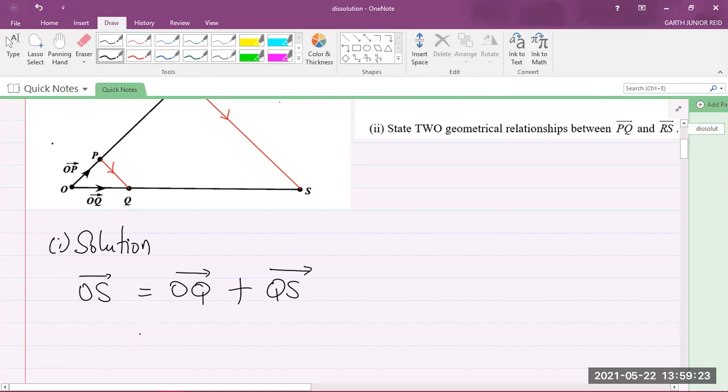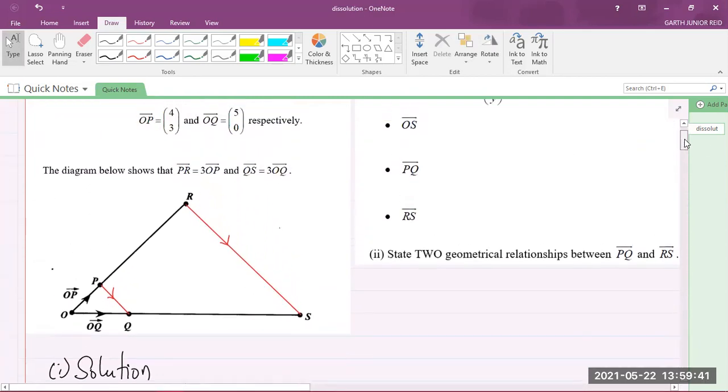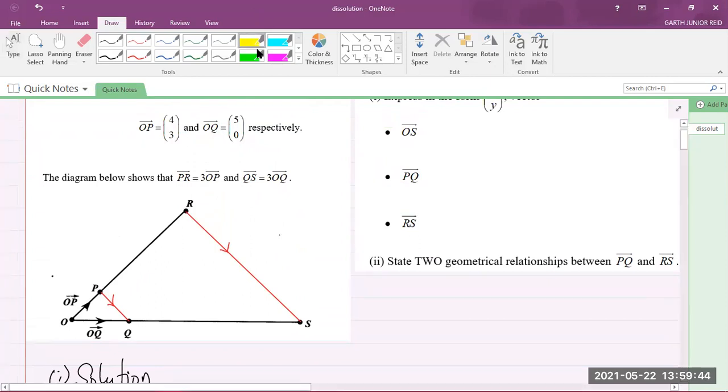Now, if you realize, the question gave us the vector OQ as (5, 0). But we don't know what QS is. But if you remember previously in the question, they had stated that the vector QS is 3 multiplied by the vector OQ.